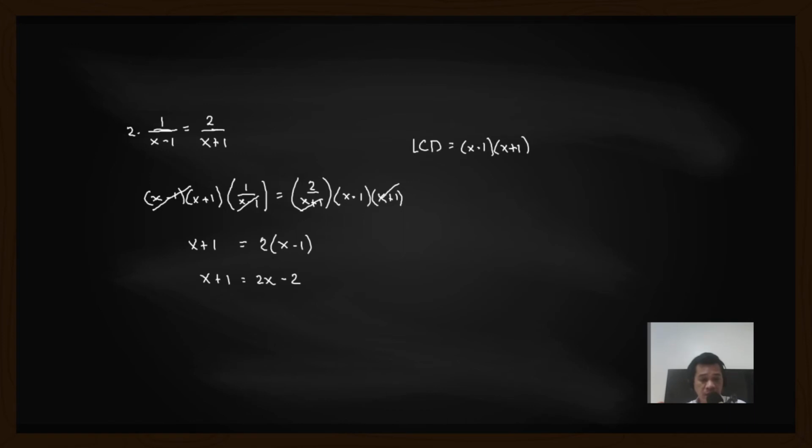Okay, as you can see, we already transformed the equation into non-fractional form. So, we're going to combine like terms. So, the like terms here, we have x and 2x. So, copy 2x. Now, remember yung sabi ko kanina, instead of applying addition property of equality, instead of adding negative x to both sides to eliminate this positive x, what we're going to do is we transfer this x to the other side.